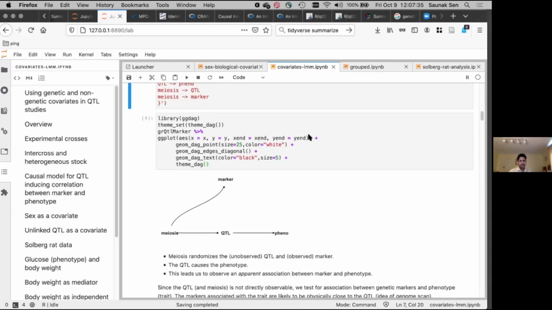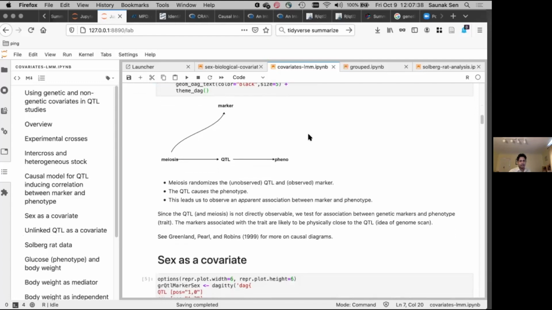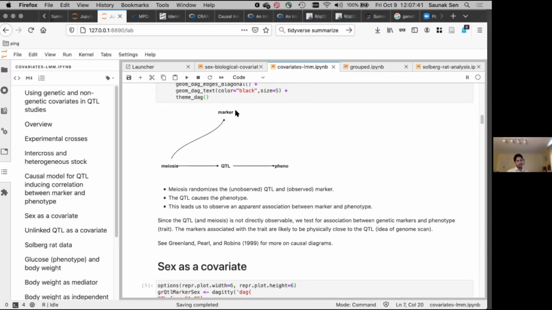So the essential idea in QTLs is that we have genetic markers that we can observe, and there is an unobserved QTL that we want to detect that is causing a phenotype. The meiosis is randomizing the state of the QTL as well as a marker located near that QTL. The QTL per se is not observed, and neither is the meiotic event.